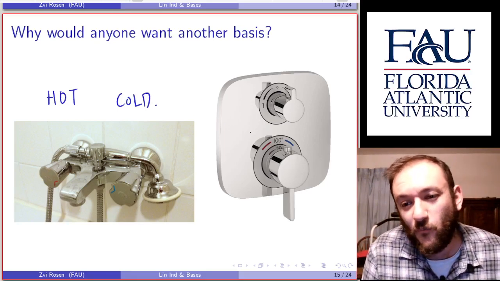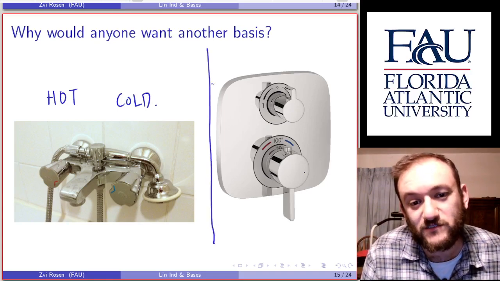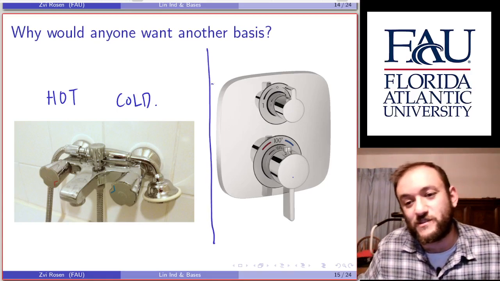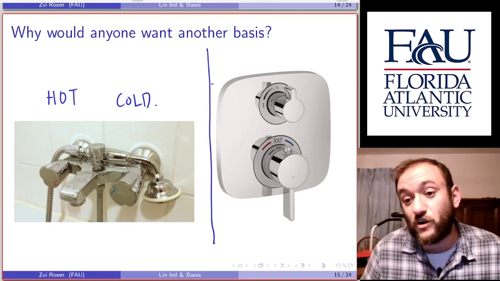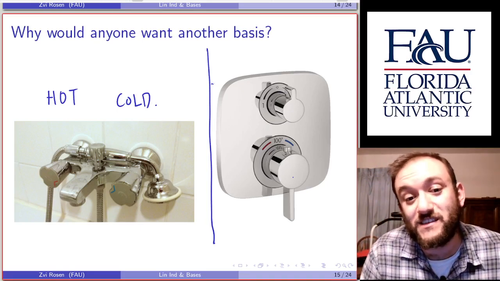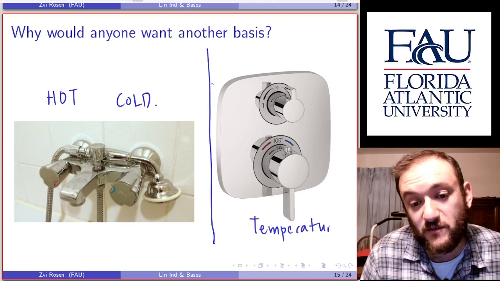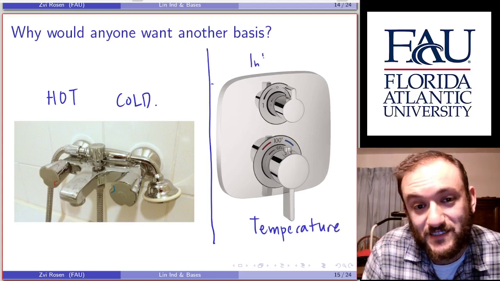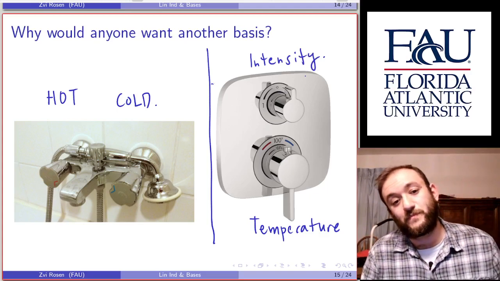Instead, what you really want is one of these newfangled shower controls on the right. And here we also have two knobs. So it's another version of R2, but the basis vectors here are temperature on the bottom, and on the top it's intensity. Okay?